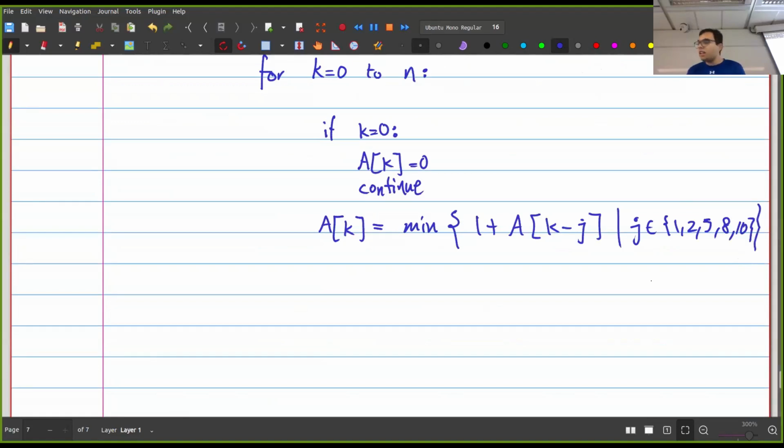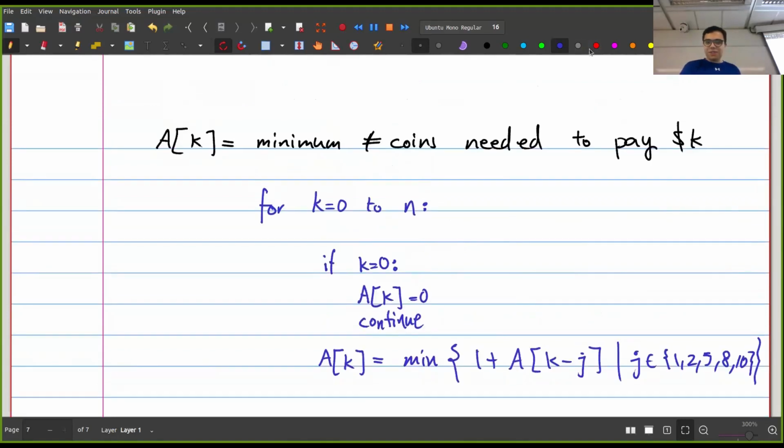And by the way, in this minimum, if some of them don't exist, for example, if my K is 4, of course, I don't have K minus 5. So I wouldn't take those in my minimum. This is pseudocode. I'm not going to write it in more detail, but this is now my algorithm.